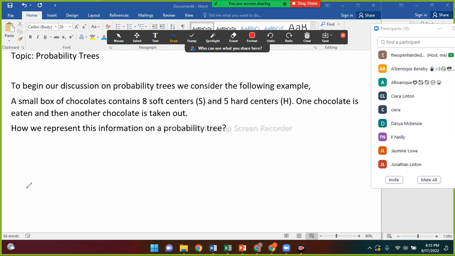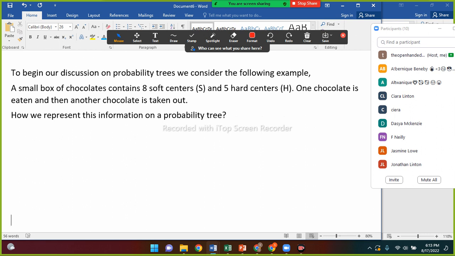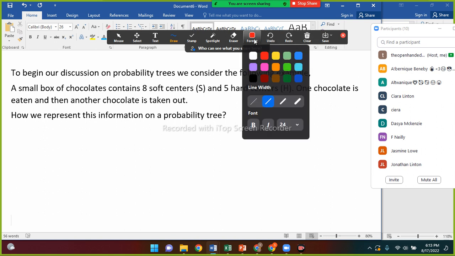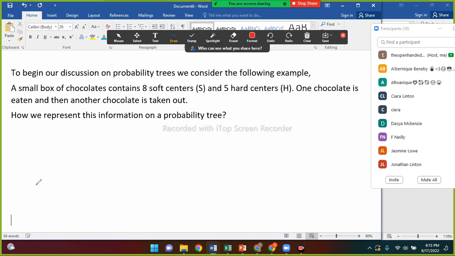Now this point is a very important point. It's our first point in our probability tree. This point is telling us this is at the beginning. So at the beginning we have two options, or two things could happen.